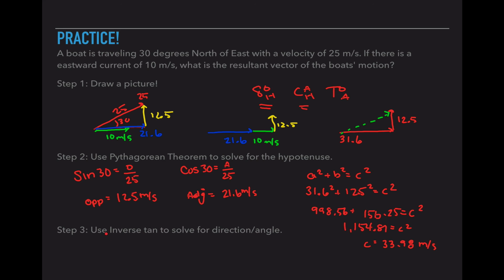So now we have to solve for the direction and the angle. So again, we're going to use tan theta equals opposite over adjacent, and tan theta equals 12.5 over 31.6. Tan theta equals 0.395, and then inverse tan both sides to get rid of that tangent.